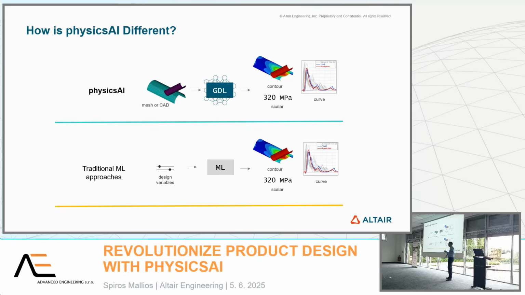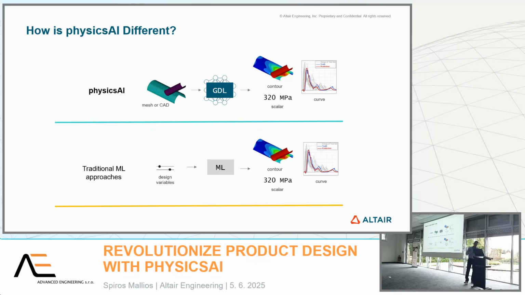You don't have to say, okay, this is my length, this is my diameter, this is my radius. We just read arbitrary shapes. The other benefit of PhysicsAI compared to traditional ML approaches is that it will give you the results on the contour, so the field prediction, not just some key points or some KPIs.